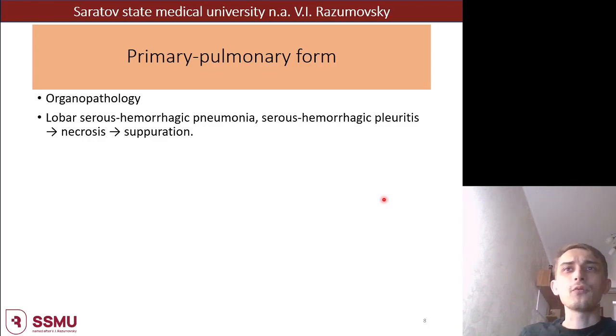The primary pulmonary form is associated with the airborne way of spreading of the infection, and we may see all these changes in the lungs. We can see formation of serous hemorrhagic pneumonia. We can see serous hemorrhagic pleuritis, necrosis, and suppuration.